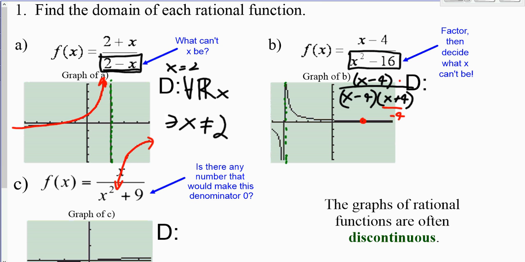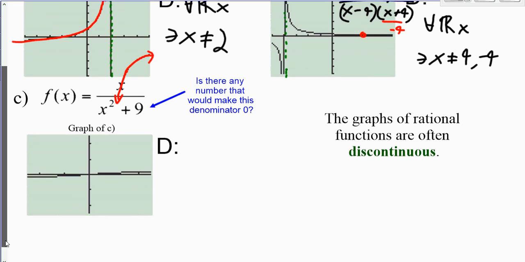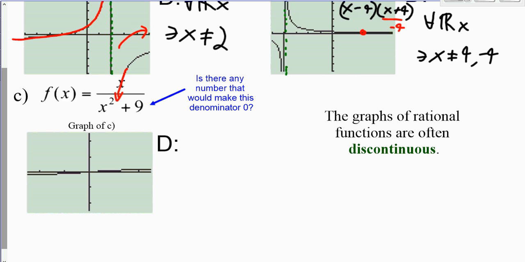Okay, so as I state, the domain is for all real x's such that x is not equal to 4 and negative 4. So we have to include our holes and our asymptotes and eliminate them from our domain. For C, we have x over x squared plus 9. Well, if we look at this, x squared plus 9, there aren't any real roots of that quadratic.